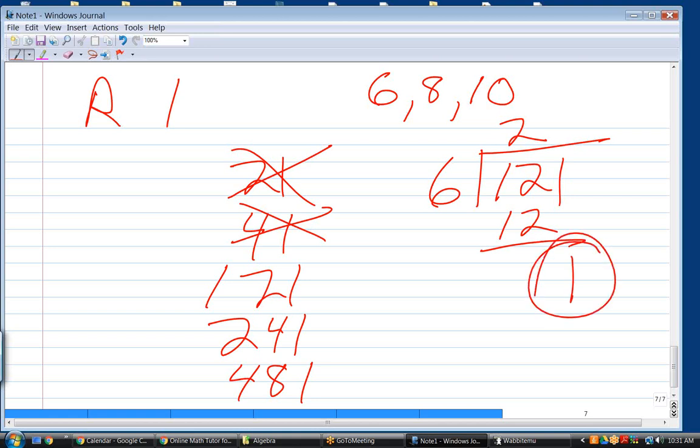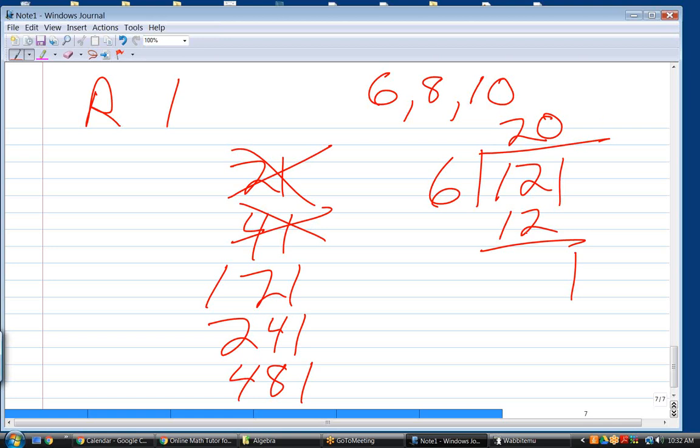There's the remainder of 1. In other words, the answer would be, oh, excuse me, it's obviously 20. 6 goes into 121 20 times with a remainder of 1. Why it's 20? Why it's not 2?